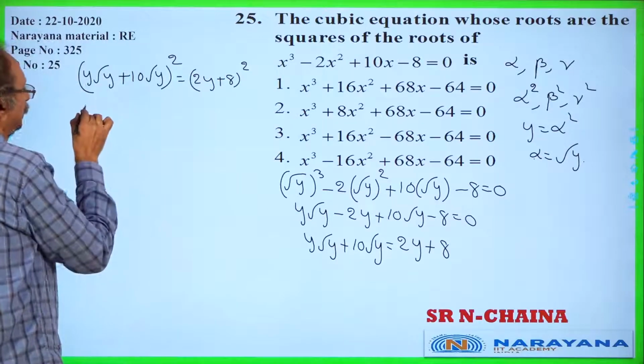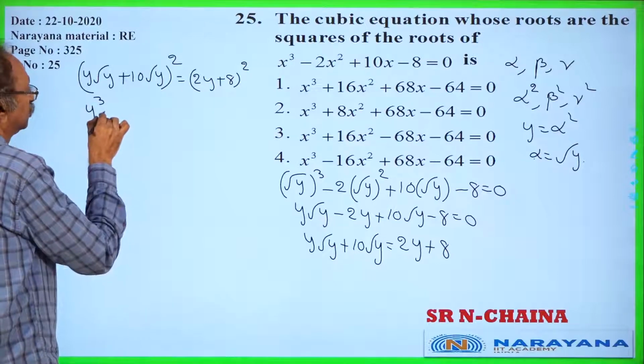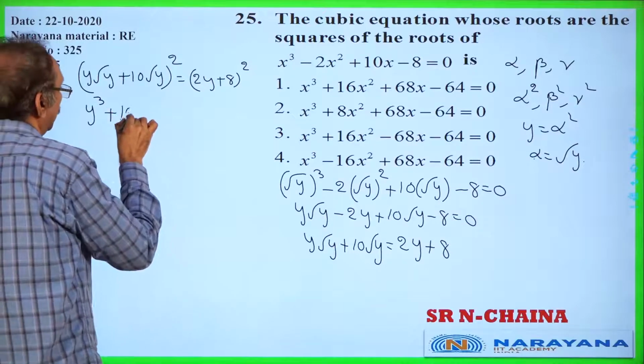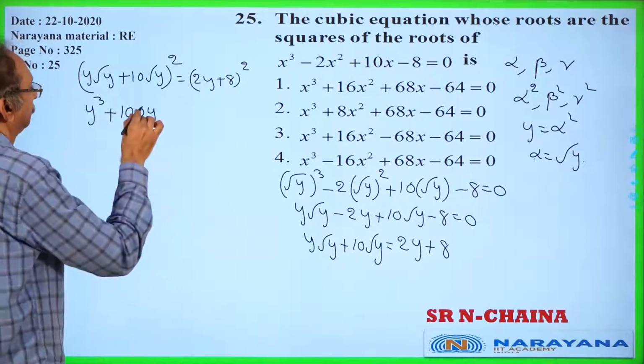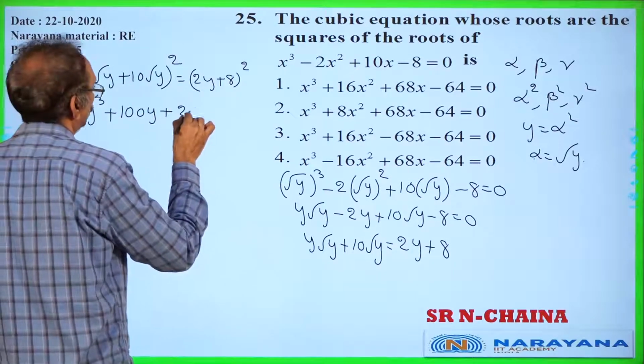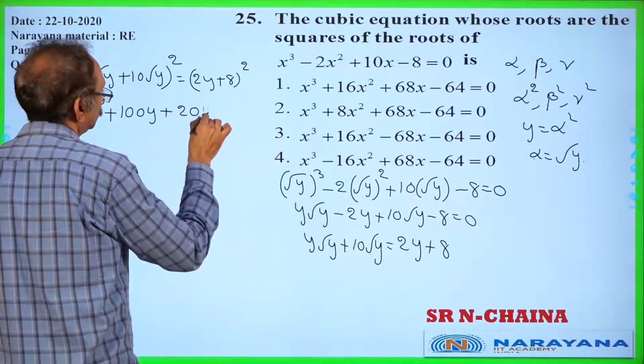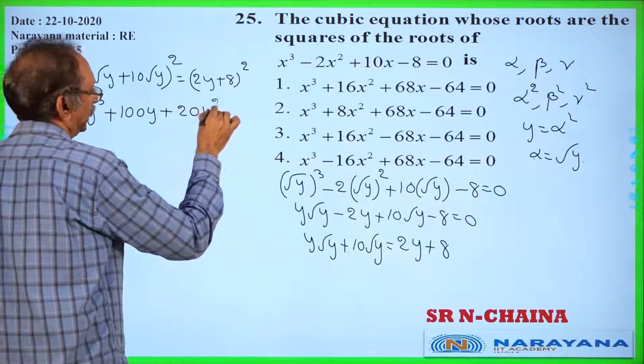And expand: y square into y, that is y cube, plus 10 square, that is 100 into root y whole square, y, plus 20 into y into root y whole square, y into y, that is y square.